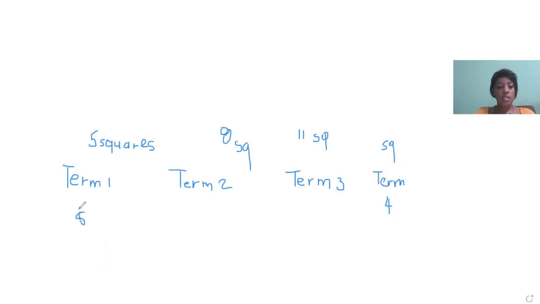What's happening with my notes? 8 minus 5 is 3.